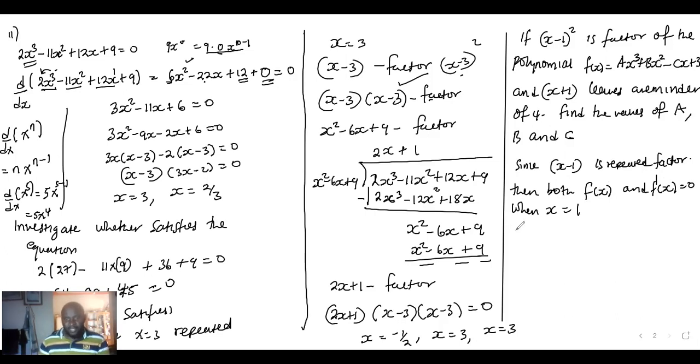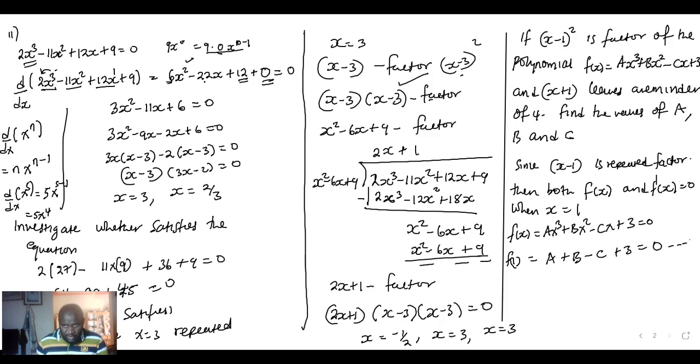So to start with, remember the function f of x has been given as ax cubed plus bx squared minus cx plus 3. Now substitute x is 1. So f of 1 should give us 0. f of 1 is equal to a plus b minus c plus 3 is 0, equation 1.